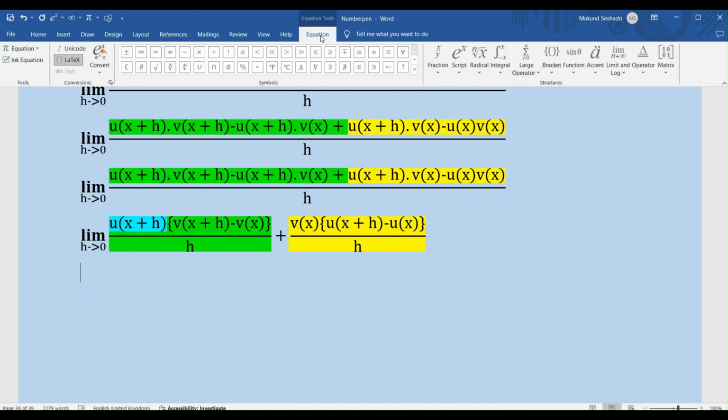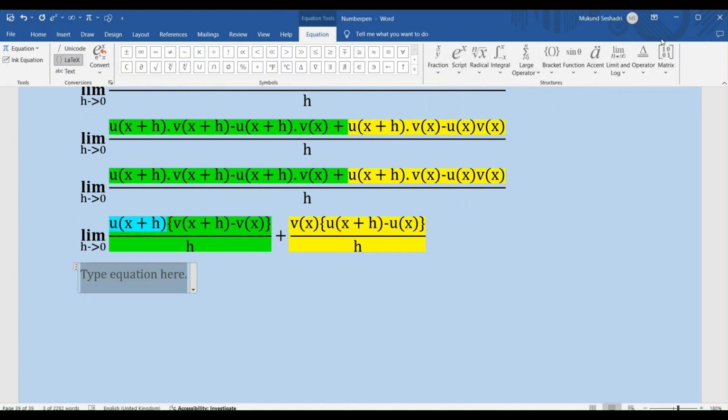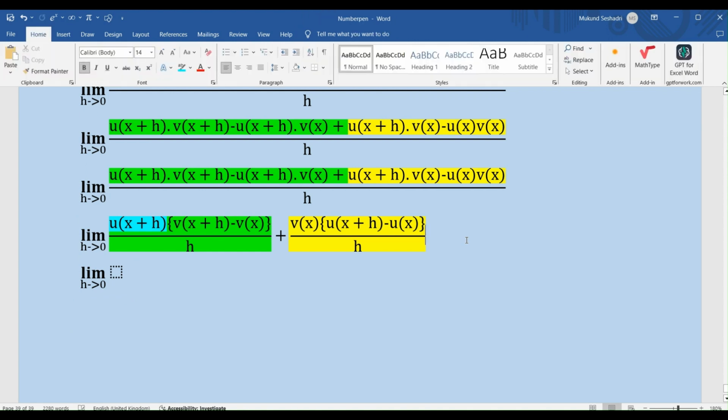So let me expand this again. Because u of x is continuous, I'm going to write my u of x plus h as u of x, right?